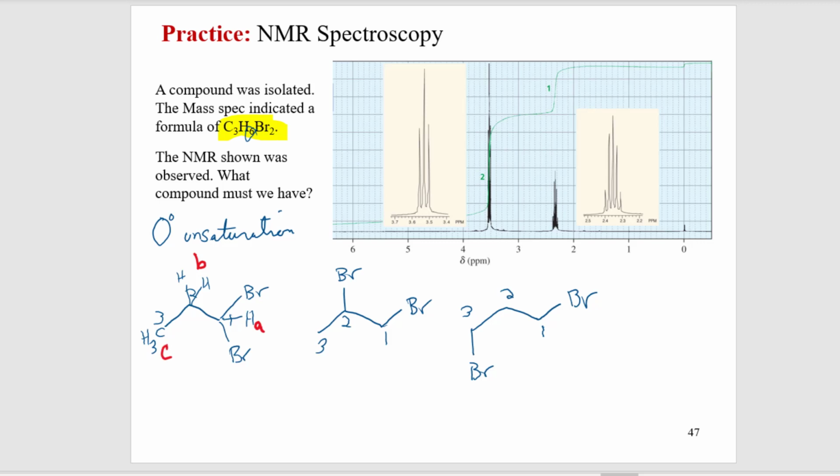A, B, C. The ratio is 1, so A to B to C is a 1 to 2 to 3 ratio. I don't think this is looking good for the molecule because I see definitively 2 signals, right, in a 2 to 1 ratio. I'm going to put that one to the side for now.